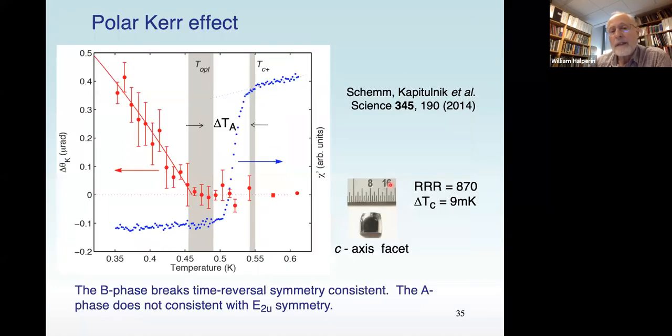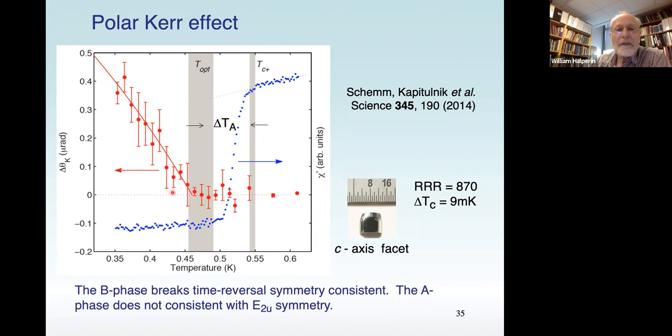Now the second class of experiments here, from the polar Kerr effect, is also very beautiful in that the onset of Kerr rotation takes place in this shaded region that I'm showing you at a temperature which marks the onset of the B phase and not the A phase. The A phase is, of course, the normal to superconducting phase right here on the right.